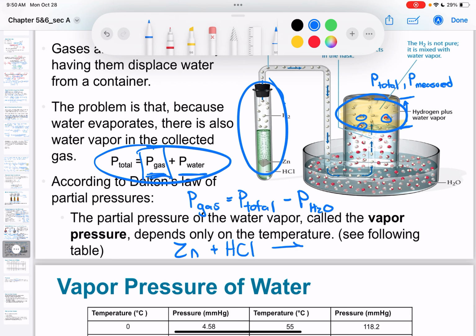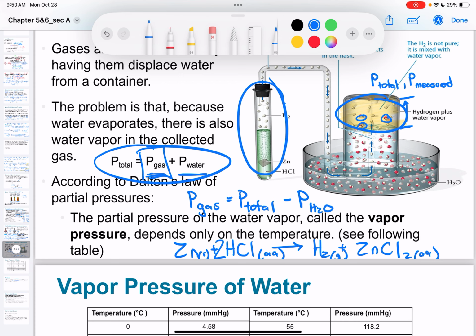Hydrogen gas gets produced and then zinc chloride gets left behind. So again, a gas evolving reaction that is happening in an aqueous solution, because this one would be aqueous and this would be solid. Gas would be produced and you'd have this aqueous zinc chloride left over.